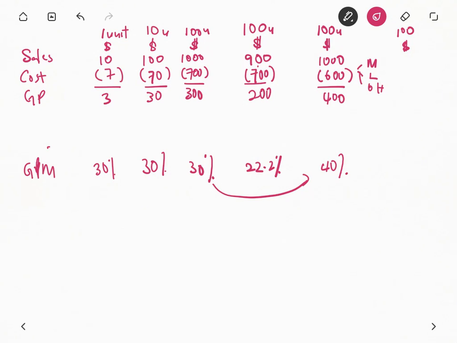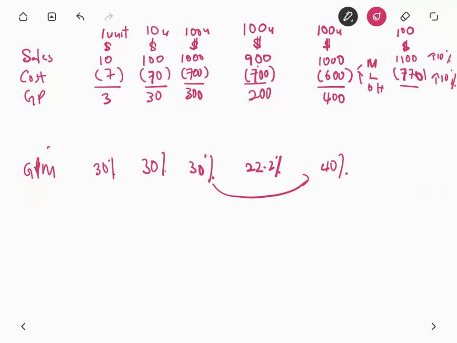So my cost increased by 10%, to $7.70. And because my cost increased, I have to pass this on to my customer. I have to sell at a higher price. So I charge also 10% higher. So cost 10% higher, my selling price also 10% higher, $11. 1100, up by 10%. So I pass on the cost to my customer.